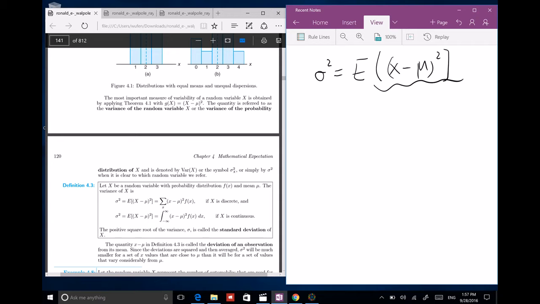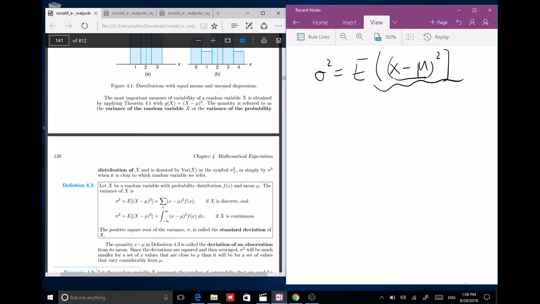So we define sigma square as the expectation value of (X minus mu) square, which is the difference between each x and the mean value. This is the variance, and the positive square root is the standard deviation.